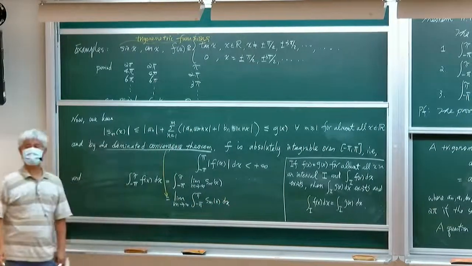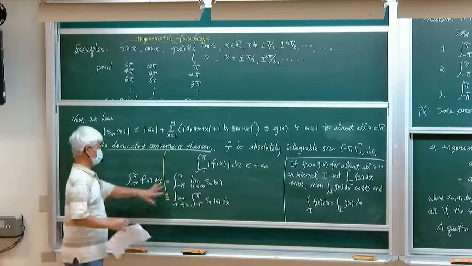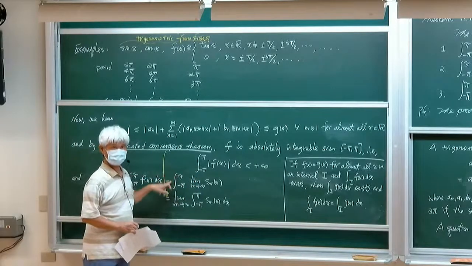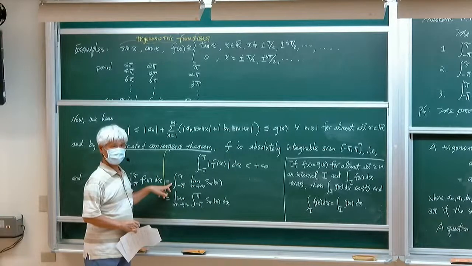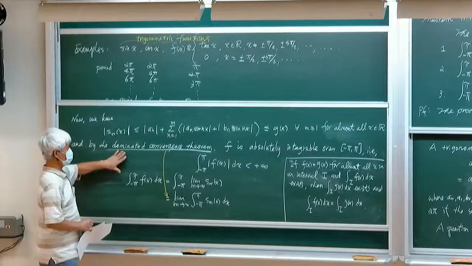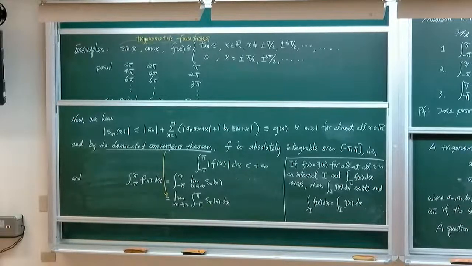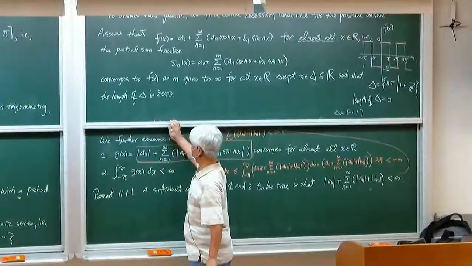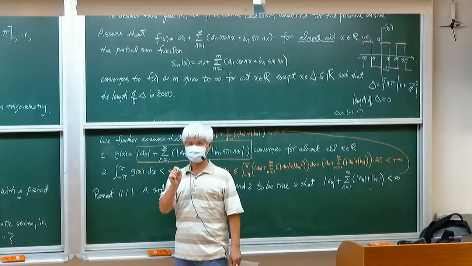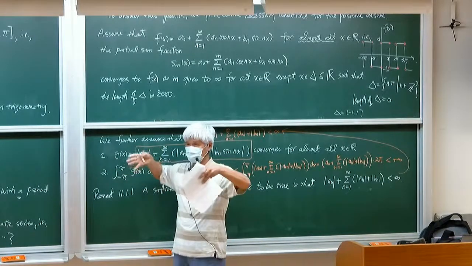It's not always true that we can move the limit out of the integral sign. But by the dominated convergence theorem, this is true, which says that if in addition we have these two, if we have this one, and this function is called the dominating function, because f of x will be dominated by g of x, because this is the absolute value.